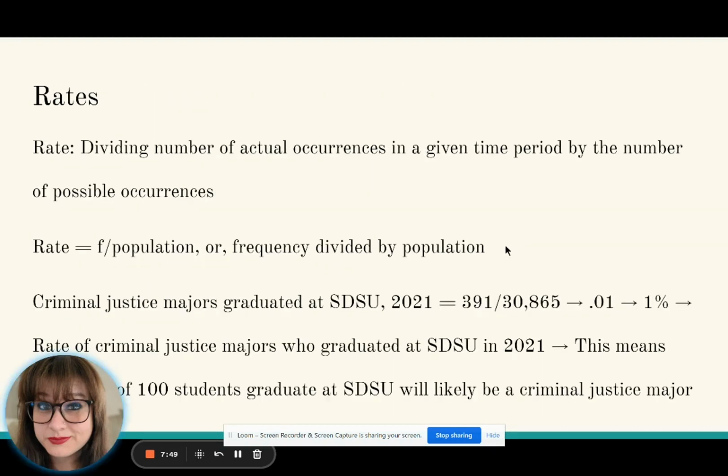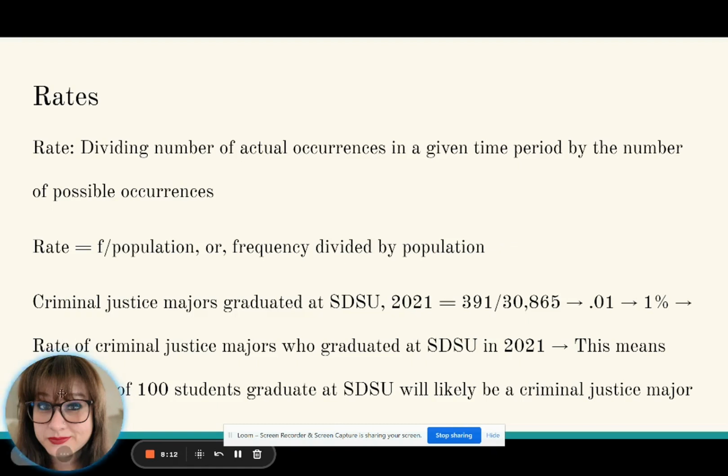So let's say I want to look at the rate of criminal justice majors in 2021 compared to the possible occurrences, which is the population of San Diego State in this case. I would do 391, which is the actual number of criminal justice majors who graduated in 2021, divided by 30,865, which is the total population of San Diego State, which is 1%.